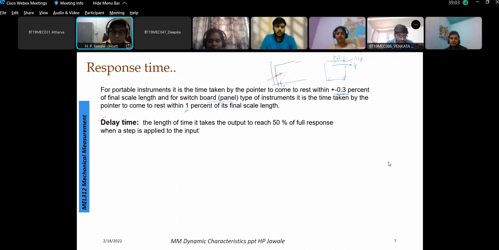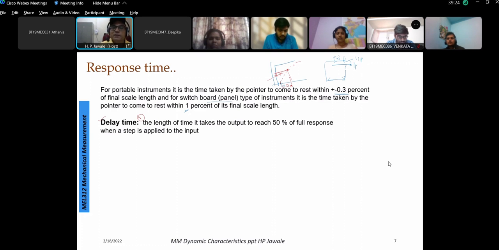Delay time is the time when 50% of the input is reached. If I call this time D1, then D1 indicates where the display shows a minimum of 50% of the input value.